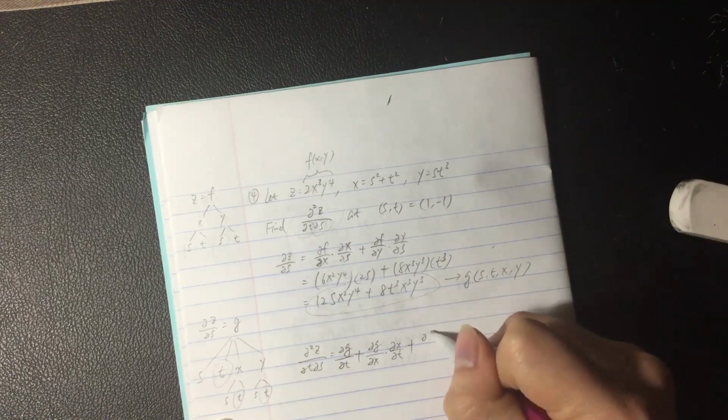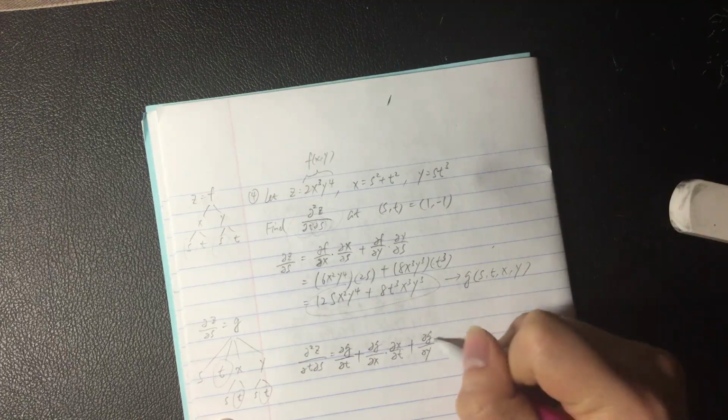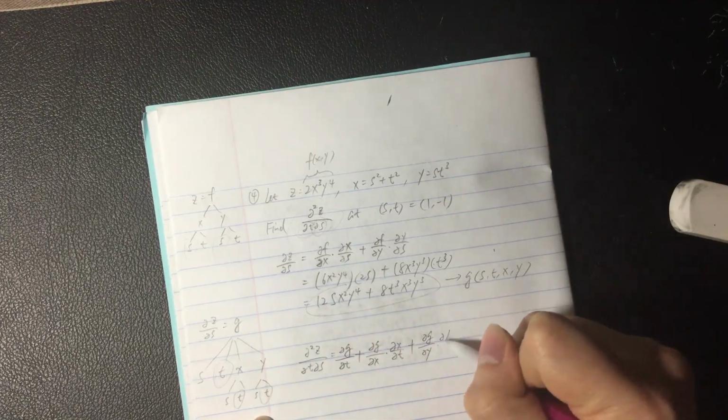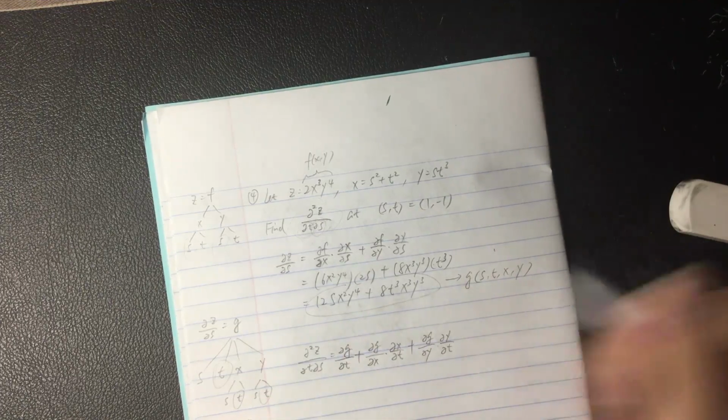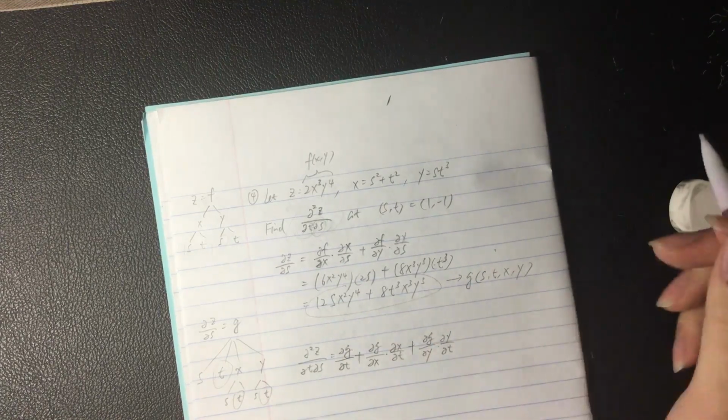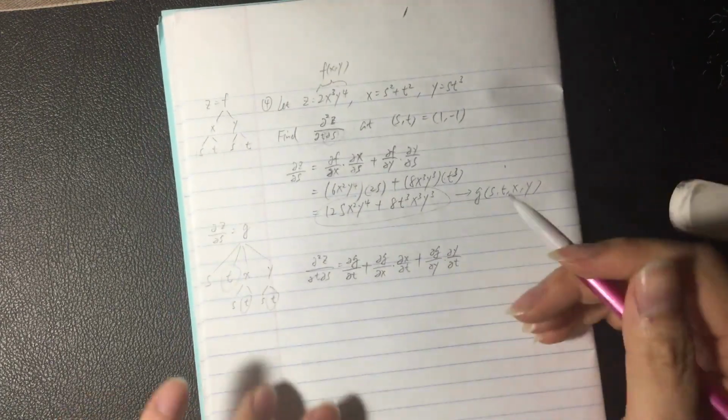The third branch, delta g over delta y times delta y over delta t. Then take partial derivatives.